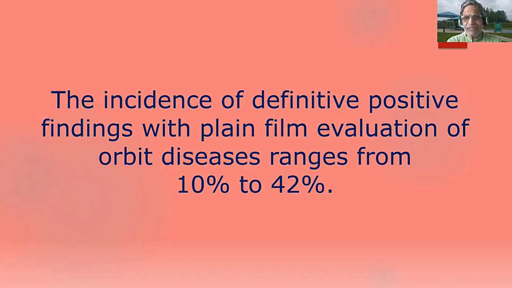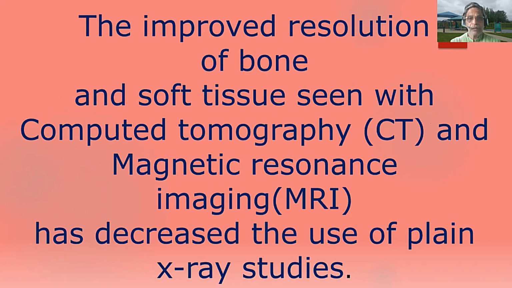Now, of course, these are some of the facts. In orbital disease, the incidence of positive findings is only 10 to 40%. That's all. Why do CT scan, MRI and all score over this? The improved resolution of bones and soft tissue with CT and MRI.